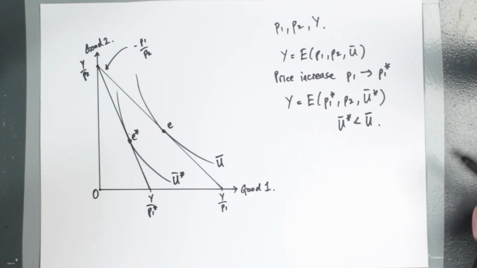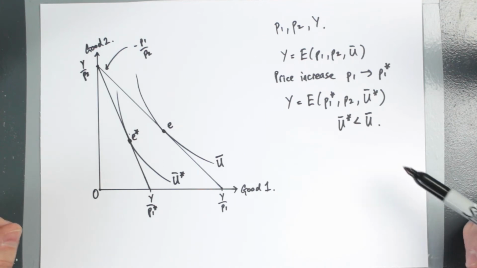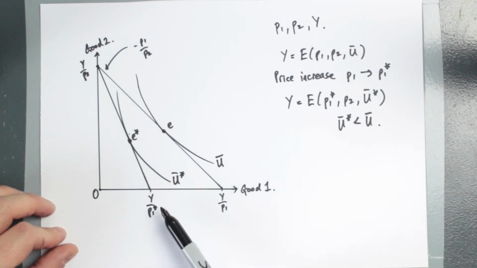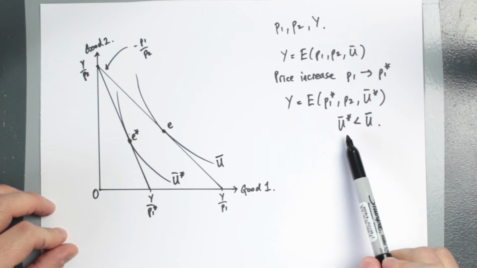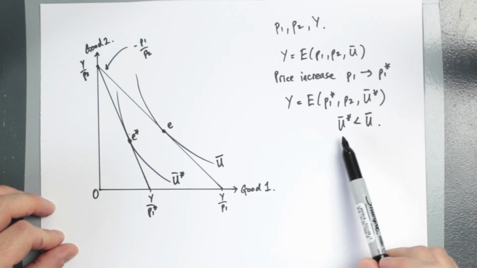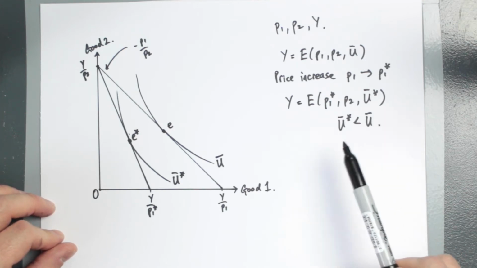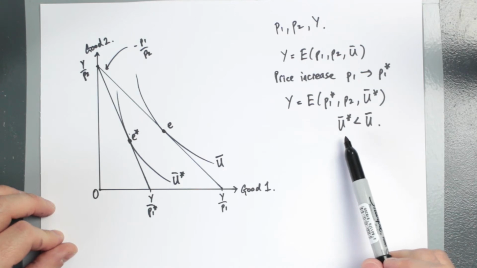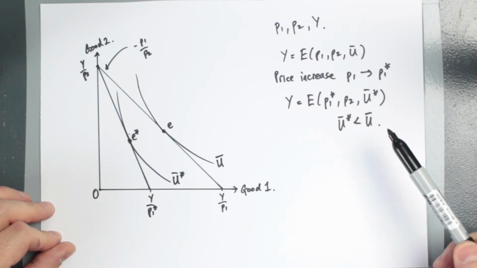So what's the idea of compensating variation? Well, essentially, because the consumer's utility has decreased from U bar to U bar star, what we're going to ask is the question, how much money do we need to give them after the price change?